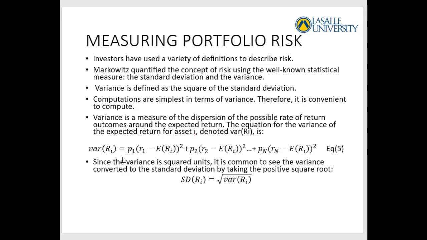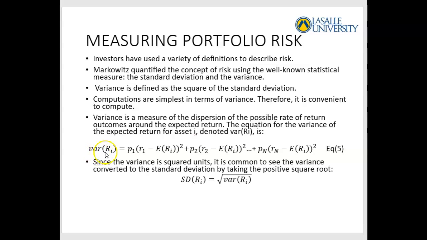So assuming a probability distribution, we get the values of P1, P2, P3, all the way to Pn. These numbers would come from the probability distribution that is assumed or imposed for that individual stock I or asset I.